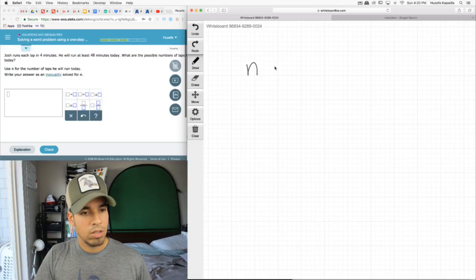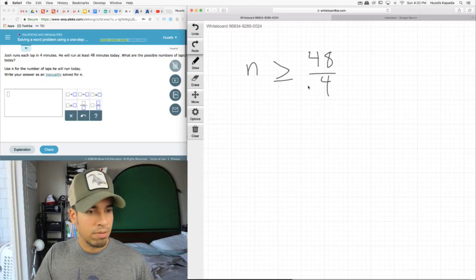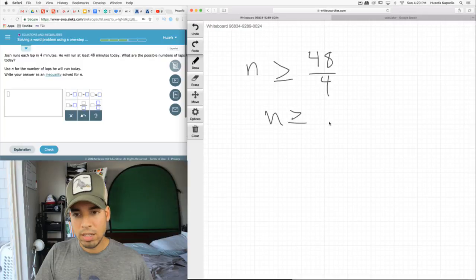And N is greater than or equal to 48 divided by 4, because the number of minutes divided by 4 is the number of laps. And we're going to run at least 48 minutes. So this is my number of laps. So N is greater than or equal to 48 divided by 4, which is 12.